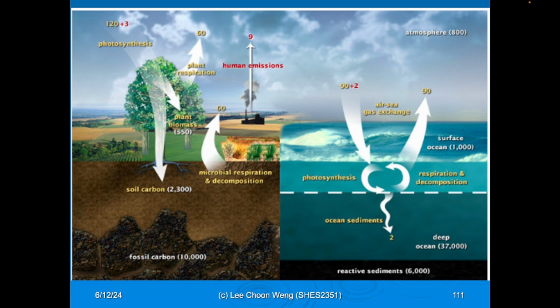So that is also where the problem arises, because humans extract fossil fuel, coal, and other products from the soil, for burning, for production, and this increases the amount of CO2 in our atmosphere, and that has brought about the climate problem that we are now facing.